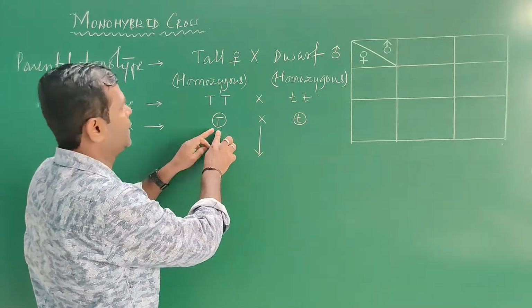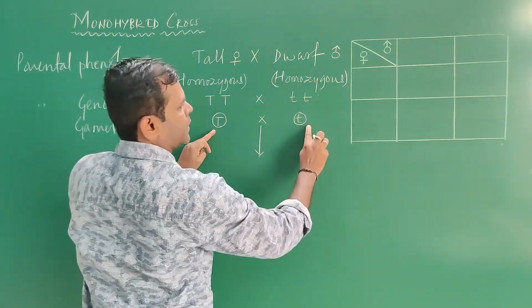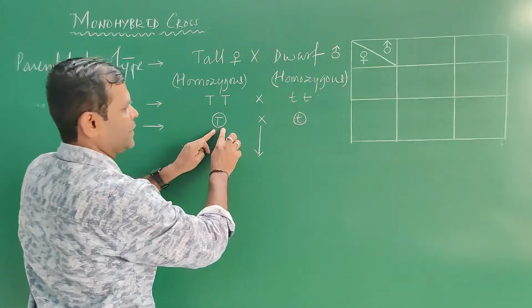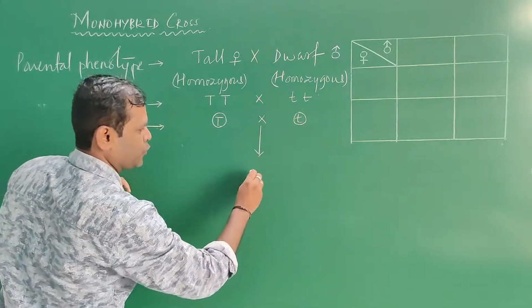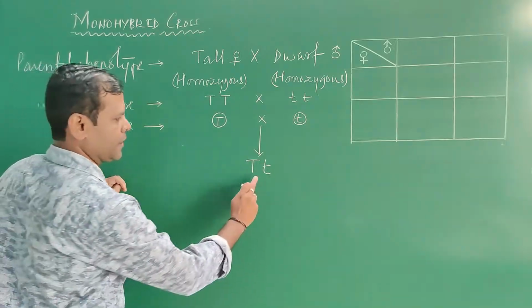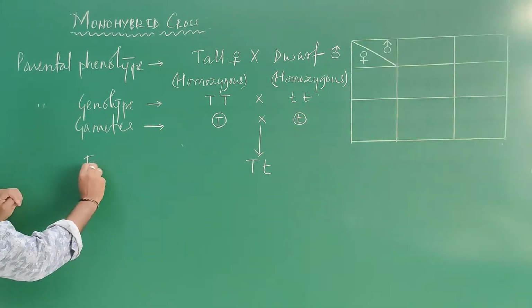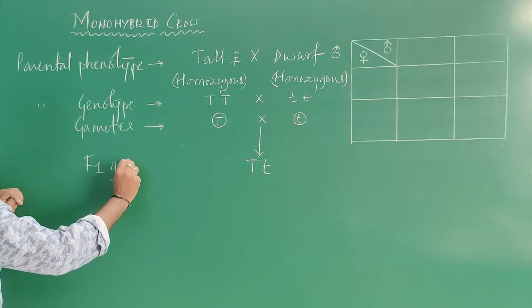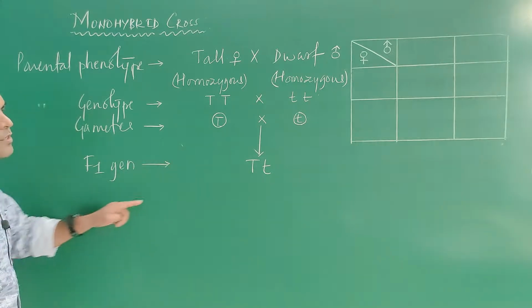Now, when he crossed these two, this is the female gamete, this one is the male gamete. So this is egg, this is sperm. When these two fuse, now this is our F1 generation. That is the first child.